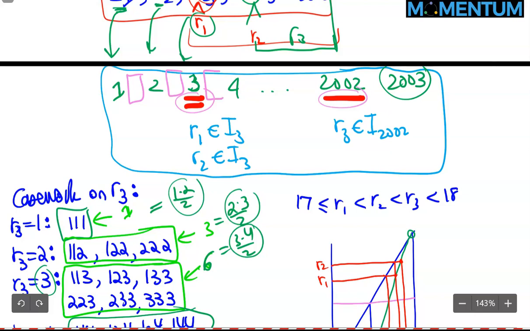In total, we have 2002 intervals, and those are the stars. So that's a second solution. We're done, right? 2002 stars and 3 bars. That's again 2005 choose 3. That would have been a direct way to solve this.